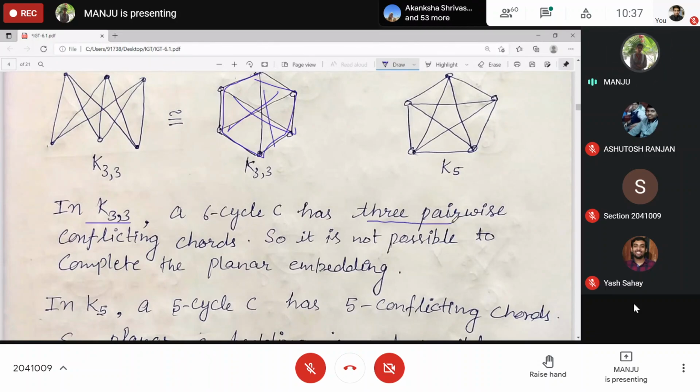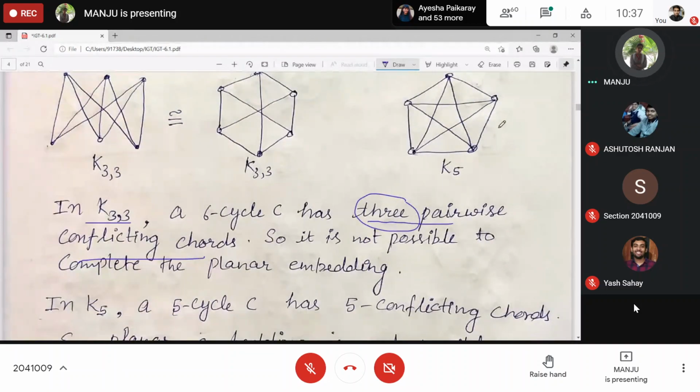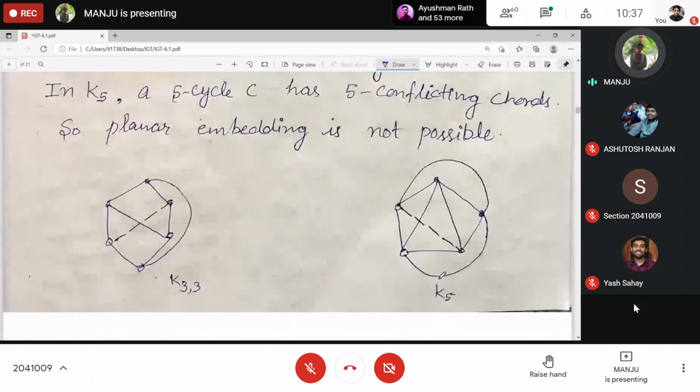These are pairwise conflicting chords. That is, if you take any 2 chords at a time, these are conflicting. So out of these 3 you can draw only 2 chords so that it forms a planar graph, not the third. But for K33 you need to show all the chords, right? That's why it is not possible. And similarly, in case of K5, there are 5 chords inside this one. These are conflicting or crossing each other, right? So that's why we are not able to draw this.